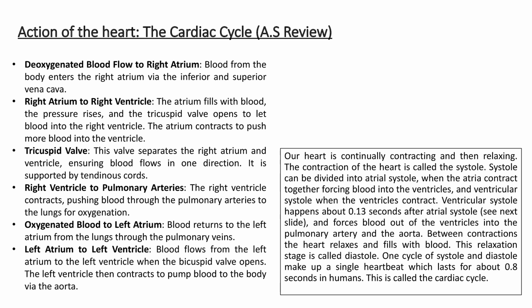The bicuspid valve is located between the left atrium and the left ventricle, so it is kind of the same mechanism that happened on the right side of the heart. So the left ventricle then contracts and pumps blood all over the body via the aorta.